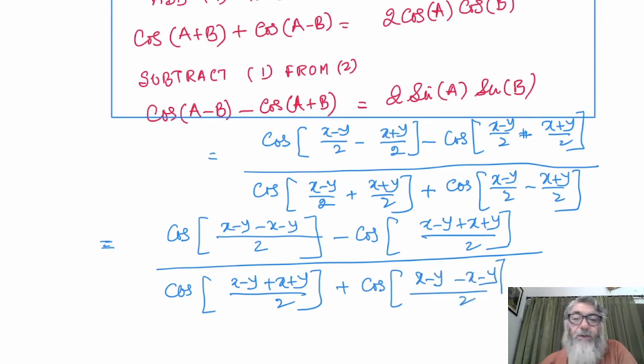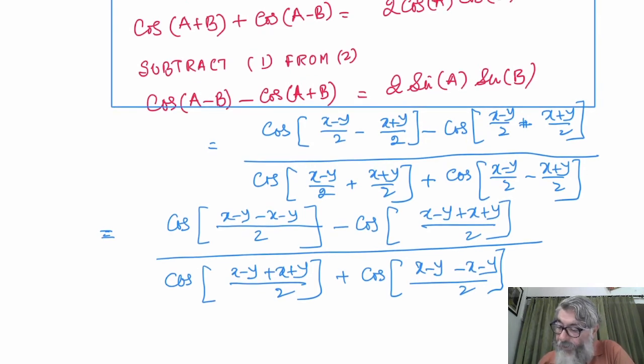In everything cos is coming. Even if somewhere cos minus theta comes, cos minus theta also becomes cos theta only, so it will not matter. This x will cancel with this x, and minus y will cancel with minus y.